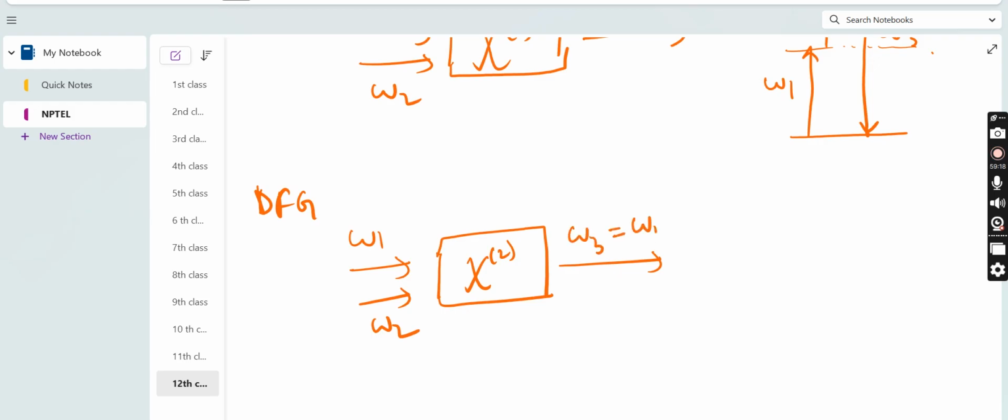But for difference frequency generation, omega 3 is equal to omega 1 minus omega 2, and that is like one photon of omega 1 being destroyed, and we will get omega 2 and omega 3.